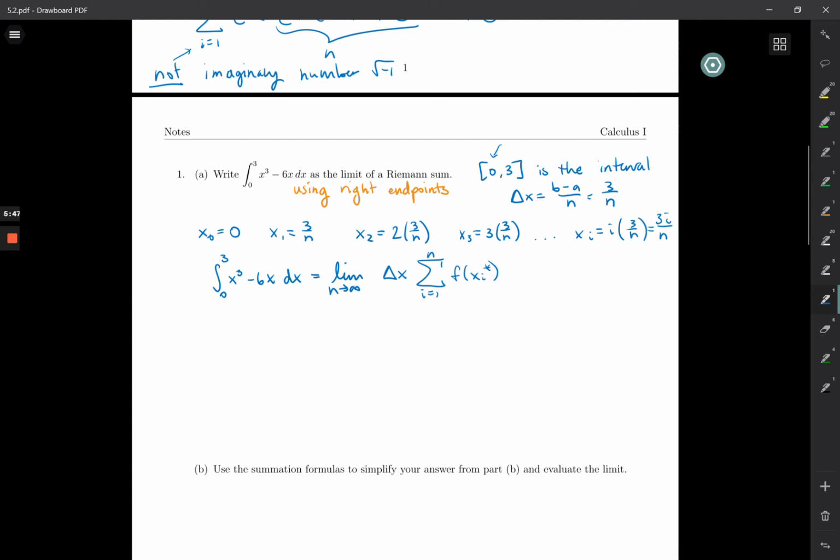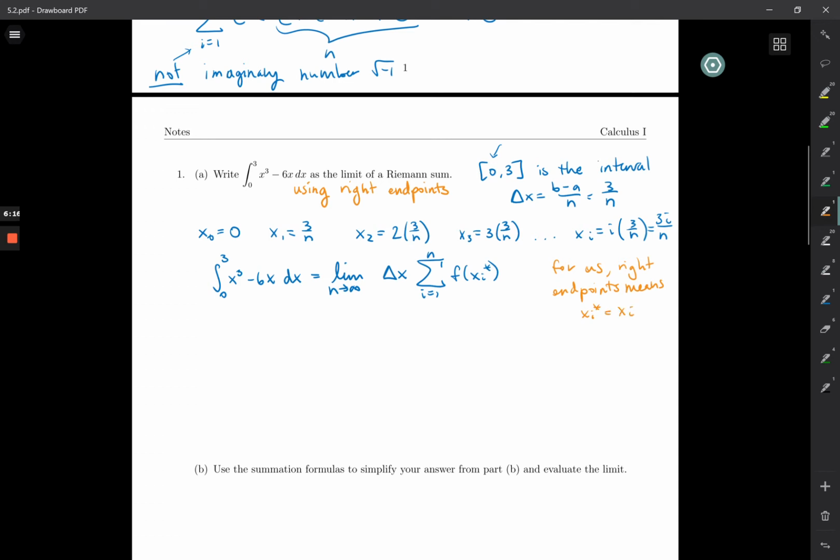Now remember, for us, we're using right endpoints. Right endpoints means xi star is going to be equal to just xi.